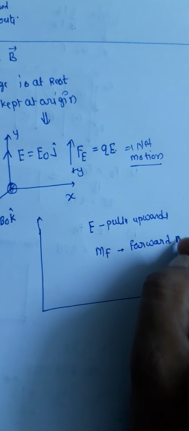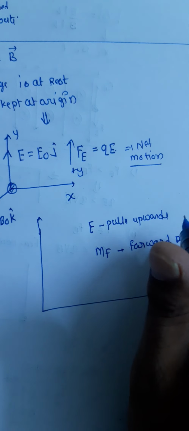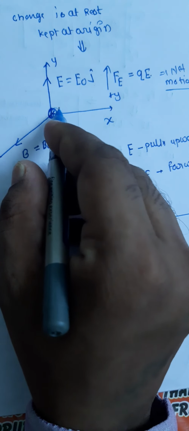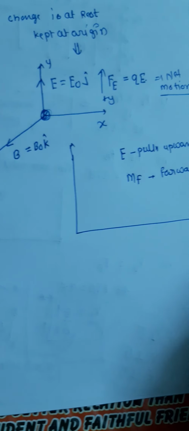We can observe this actually: if you apply the right hand palm rule at this point of time, suppose this particle is moving along this direction, this force is acting in this direction, motion is along this. It's very difficult to analyze, but if you do it on your own, you can easily find it.